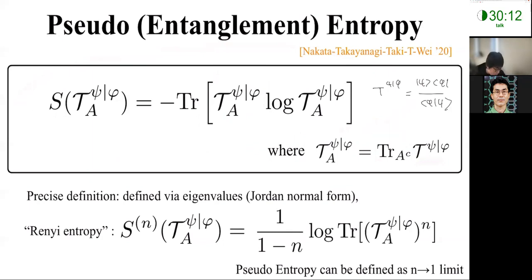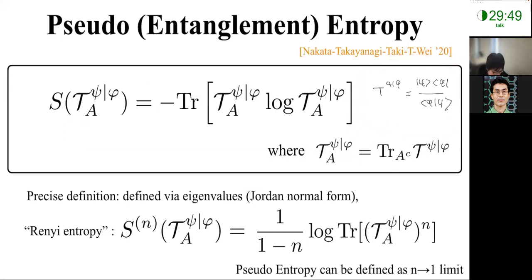Okay, but to be precise, this definition is a bit naive. Since now we have a transition matrix, which is in general no longer a Hermitian matrix, it's not obvious that we have a diagonalized form of this transition matrix.